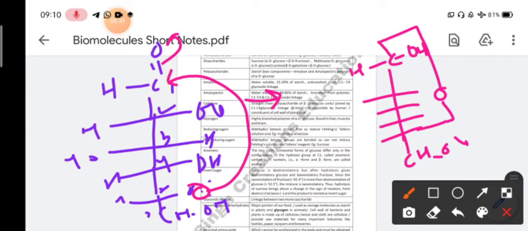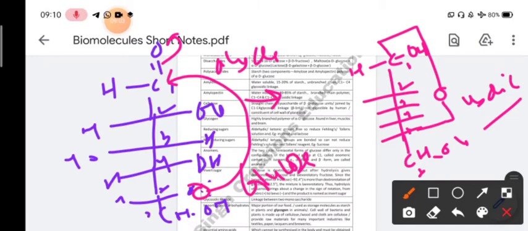Here this is carbon number 1, this is carbon 2, 3, 4, 5, and this is 6. So this is the cyclic hemiacetal form of glucose. This is glucose, and the other is a non-cyclic, or acyclic, form, but this is a cyclic form.